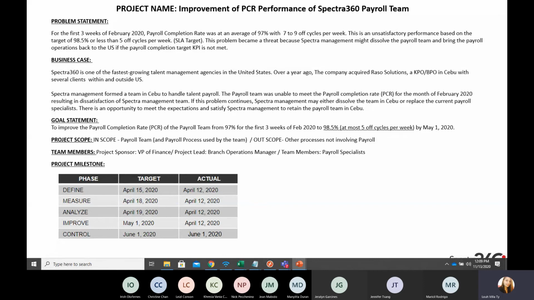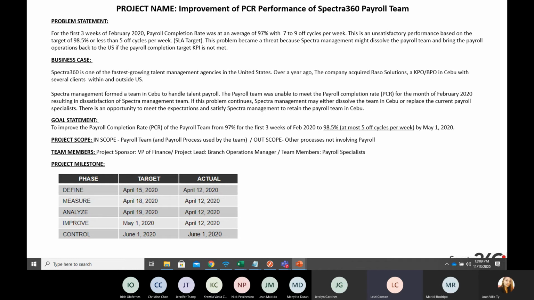Okay, for the business case, can you please read, Lizelle? Spectra 360 is one of the fastest growing talent management agencies in the United States. Over a year ago, the company acquired Raso Solutions, a KPO BPO in Cebu with several clients within and outside the US. Spectra management formed a team in Cebu to handle talent payroll.